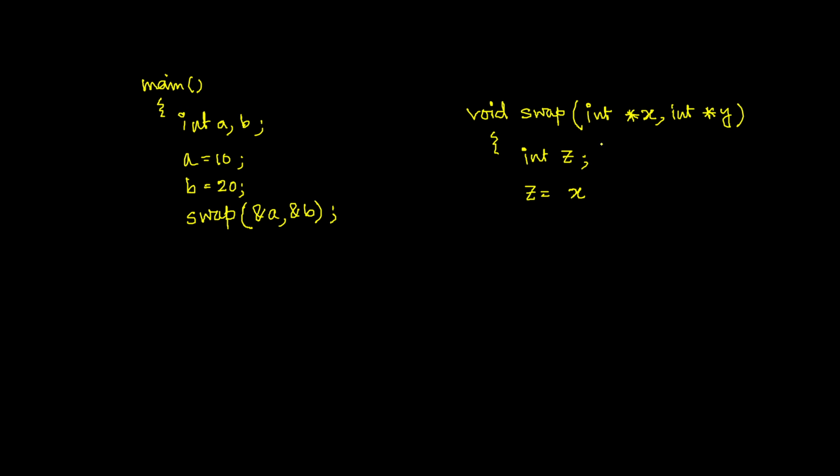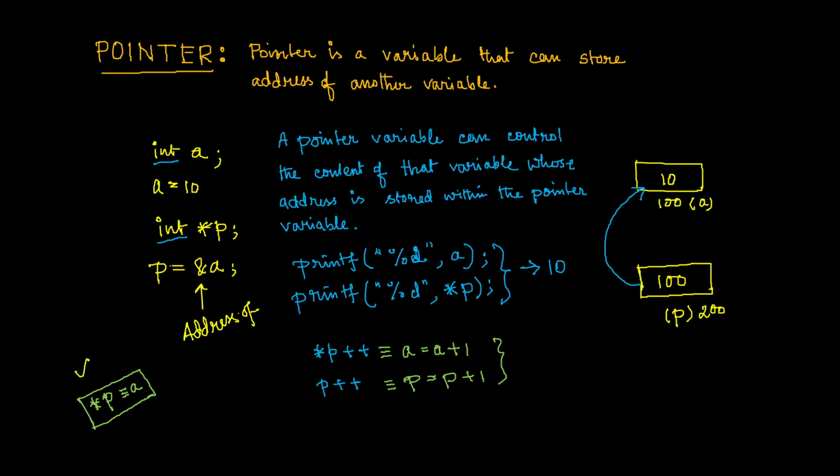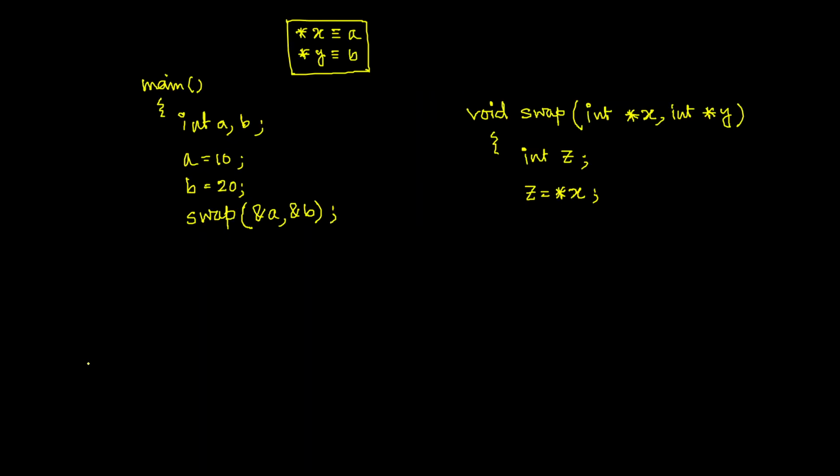So I can write not x, rather pointer x, because since x contains the address of a and y contains the address of b, pointer x is equivalent to a and pointer y is equivalent to b. This is clear. We have already seen this in the previous case. So instead of writing x, I will write pointer x.